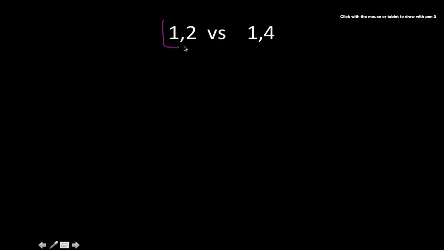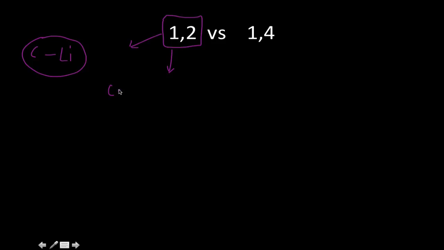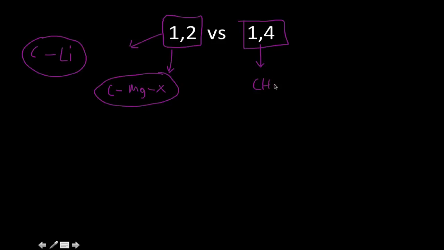I think I mentioned this, that if I want to get the 1,2 alpha beta unsaturated carbonyl product, I tend to use some type of organolithium reagents, carbon with a lithium, or I can use a Grignard reagent. And I don't quite understand this, I guess mechanistically speaking. Obviously these are stronger than the latter, which I would use for 1,4. And I'm going to stop using, I guess, abstract examples of this.